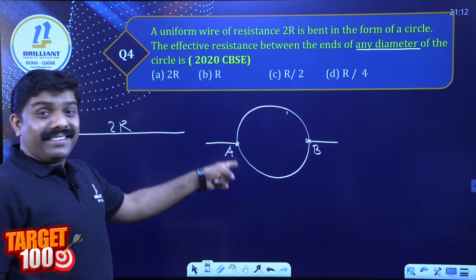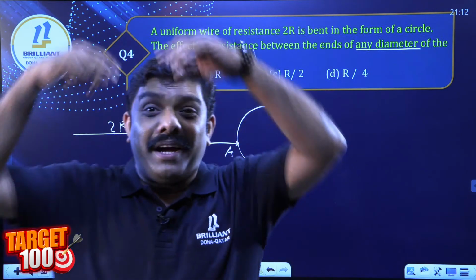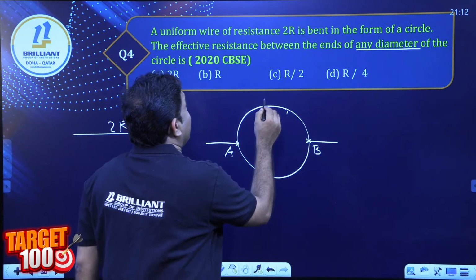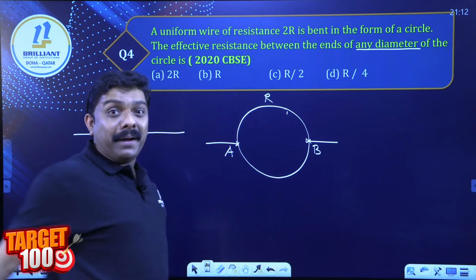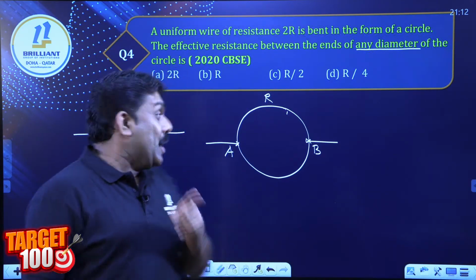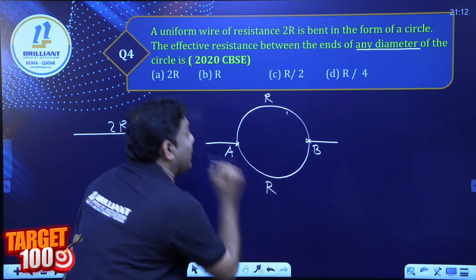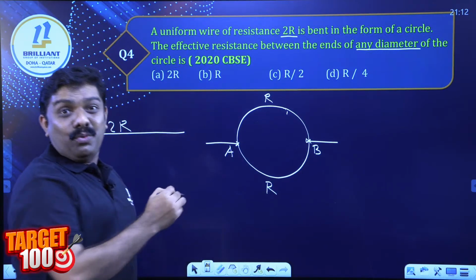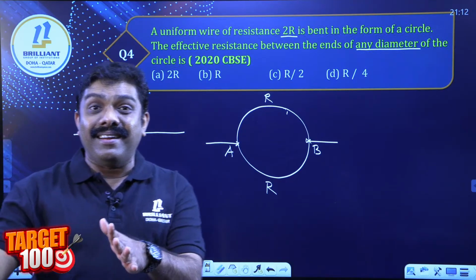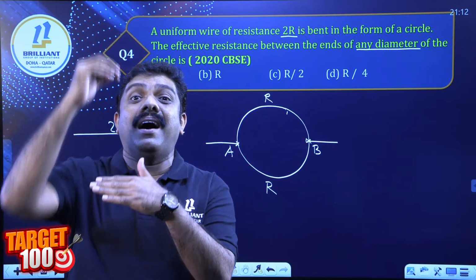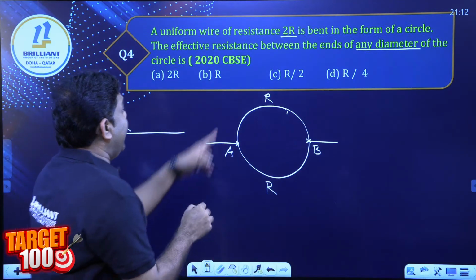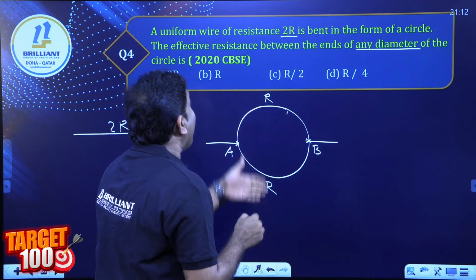Now it is very clear that this circle will be divided into two equal halves. The upper part has resistance R, and the lower part also has resistance R, because the total resistance is 2R, dividing into R and R since their lengths are equal. So R and R are in parallel now.